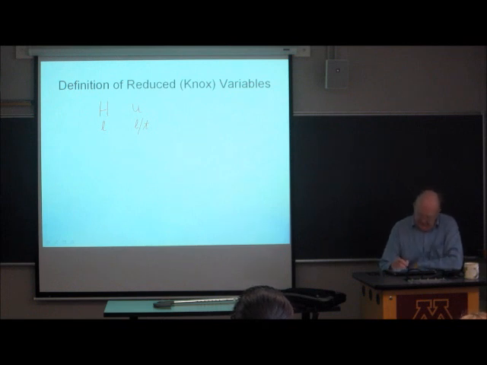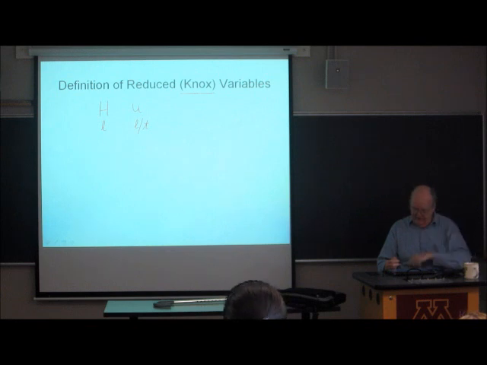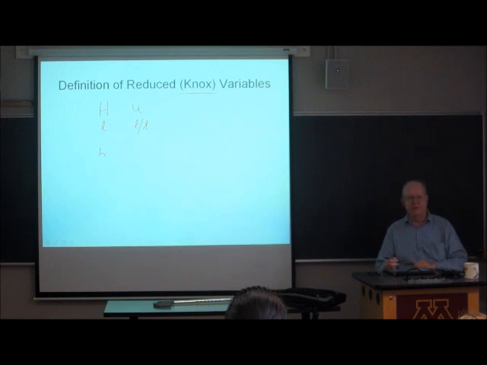And John Knox was really the first person some 40 years ago to think of chromatography in terms of these reduced variables. The reduced variable for HETP is always written as a little h.